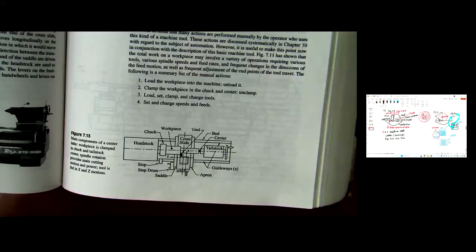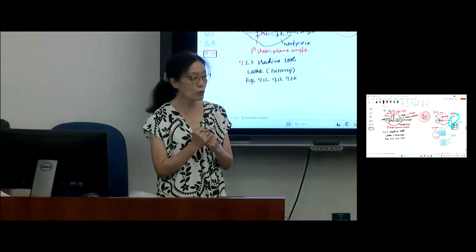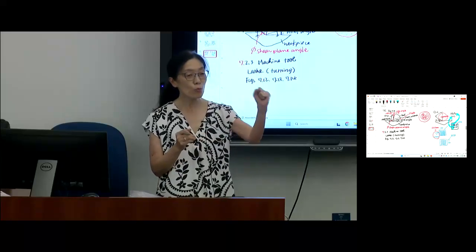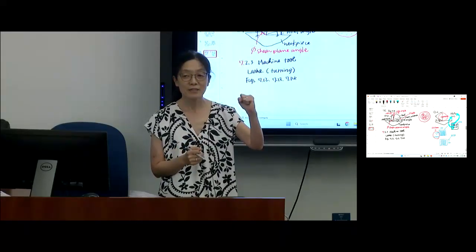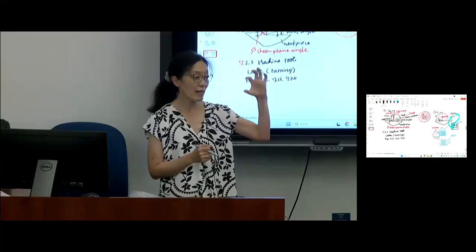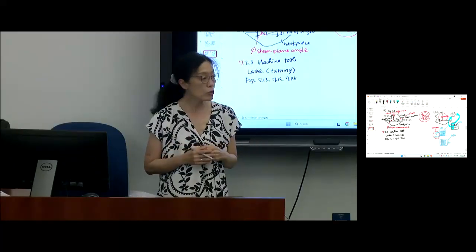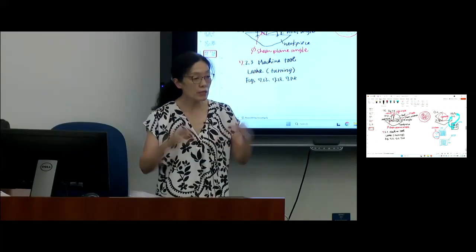So these are the very simple ones. When you operate a lathe, first, I always want you to check the stop button, right? How to stop the machine, like the red one. But sometimes you don't see it, it's a small one.